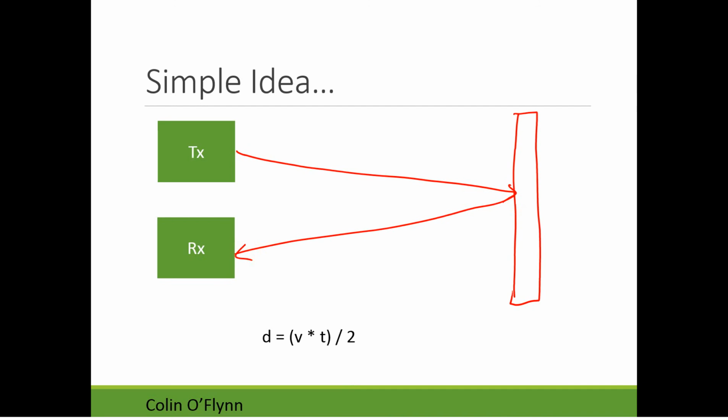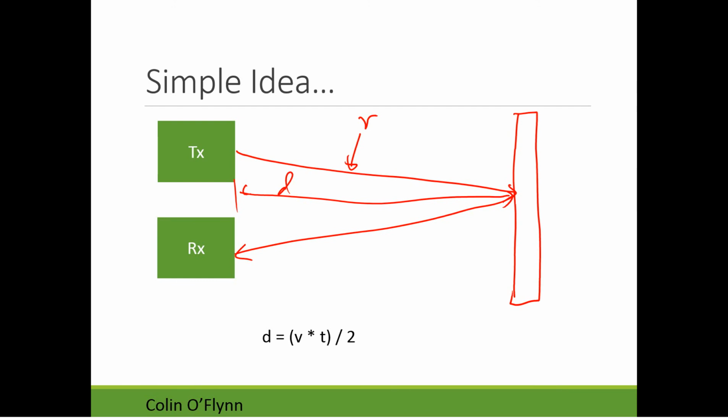If you know the speed that this is moving, v, and we know the time delay between sending the pulse and hearing the echo, we can figure out the distance to the object just by multiplying the speed by the time and dividing by 2, because the total time would be there and back, so we divide by 2 with the objective of measuring just this d here.